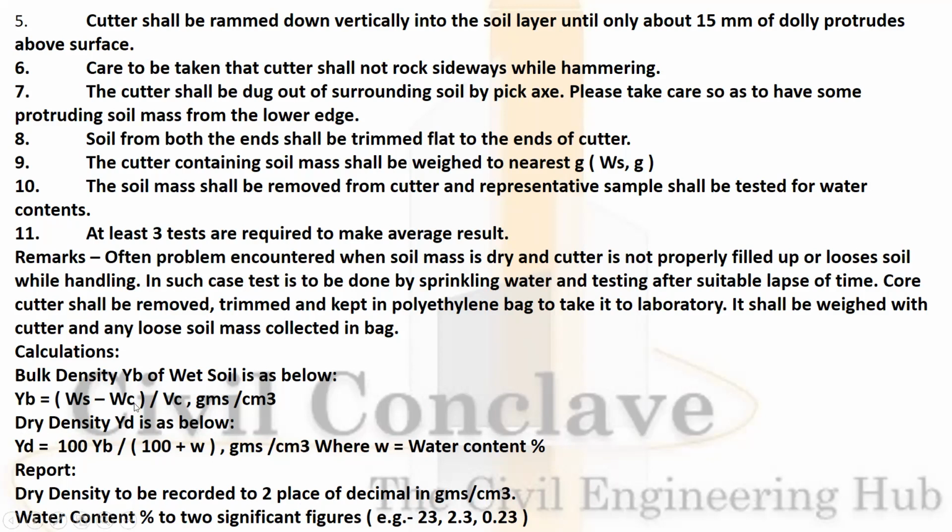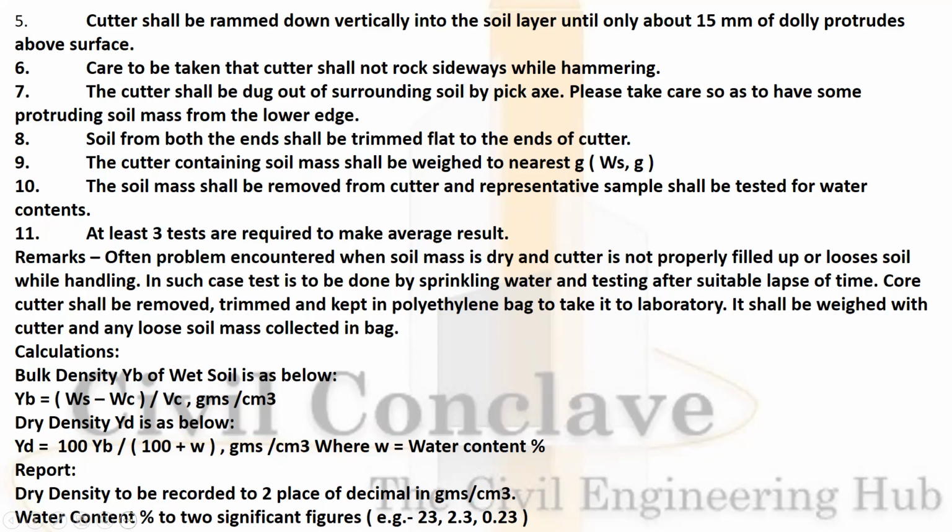Calculation. Bulk density of wet soil is as below: ρB is equal to (WS minus WC) divided by VC, in grams per cubic centimeter. Dry density ρD is as follows: ρD is equal to 100 ρB divided by (100 plus W), in grams per cubic centimeter, where W is the water content.